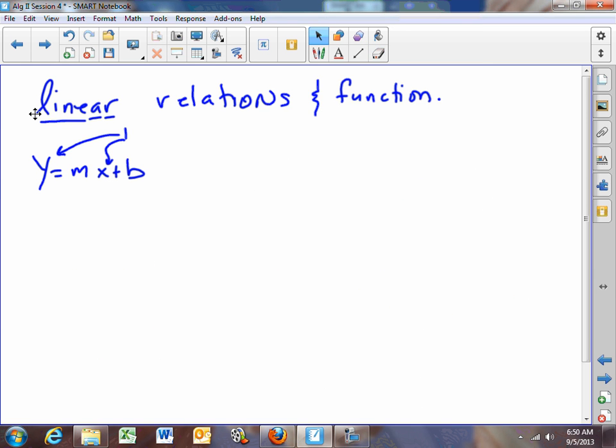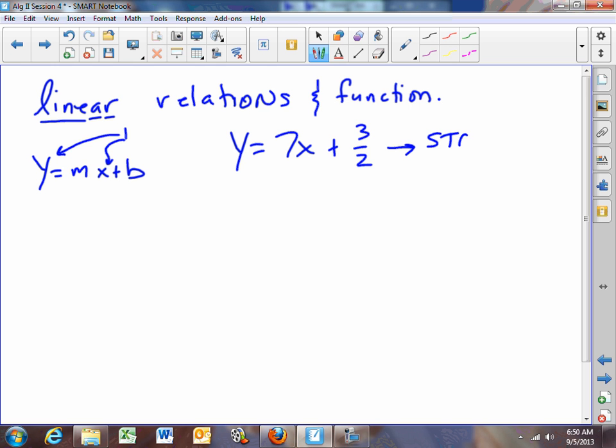If you have a linear relationship, let's say you have y is equal to 7x plus 3/2. One of the things that we would like to be able to do is to change this equation, which is actually in slope-intercept form, into a thing called standard form.